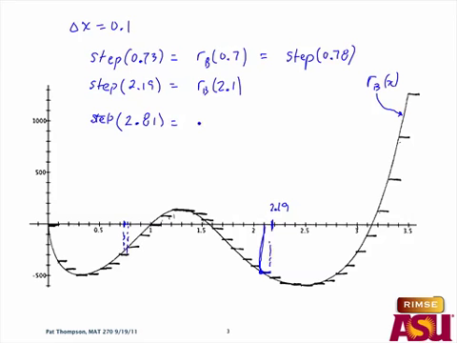Okay, step of 2.81. Andrew. R(2.8). That's it. Okay, so here's what we need. What we need is a way, when things get more complicated, of getting this left x value of the interval that we're in.